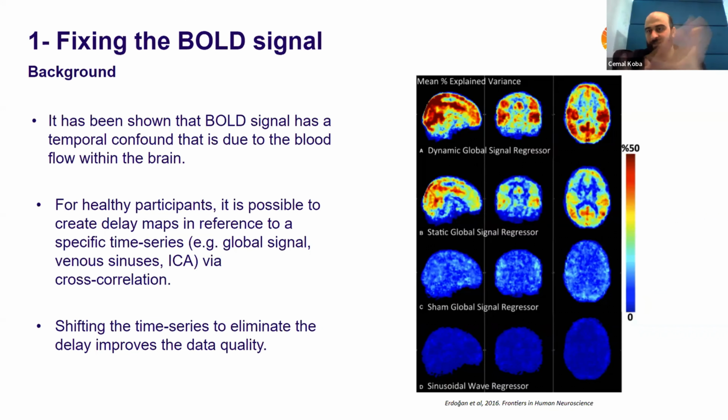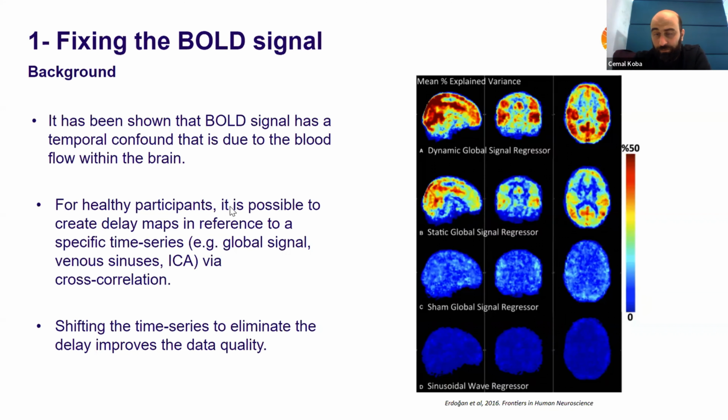So in general, in fMRI studies, it is better to pay attention to these information flows, and when you fix the temporal differences between slices, you will have better explanatory power for your model.